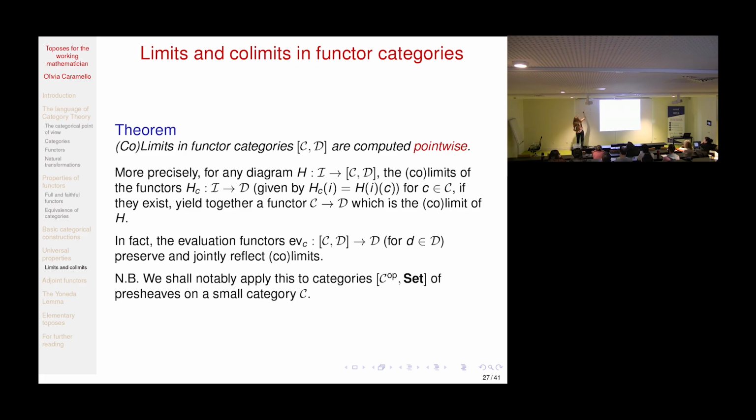In fact, what we are primarily interested in is categories of pre-sheaves, which, let me recall, are contravariant functors on a category with values in sets. So we will be particularly interested in categories of this form.